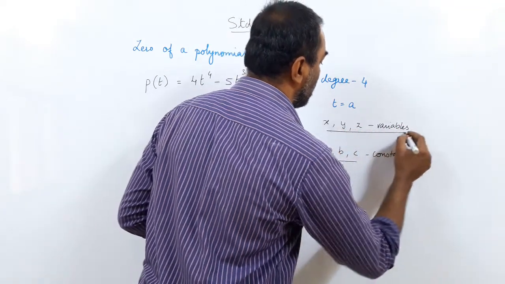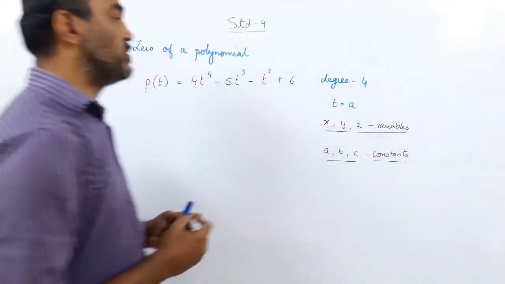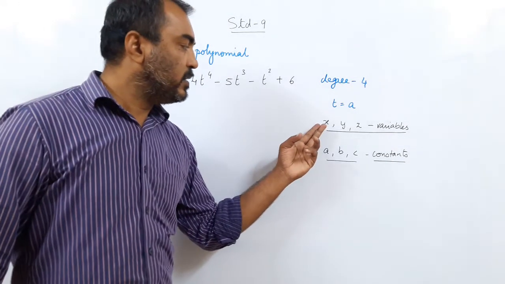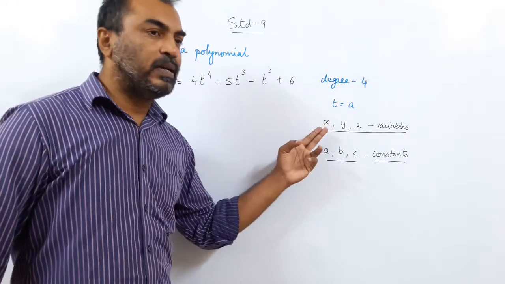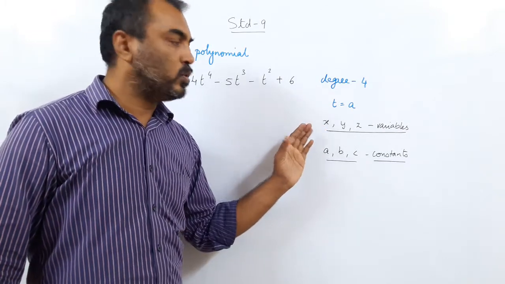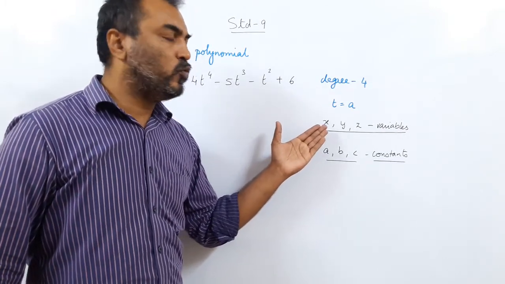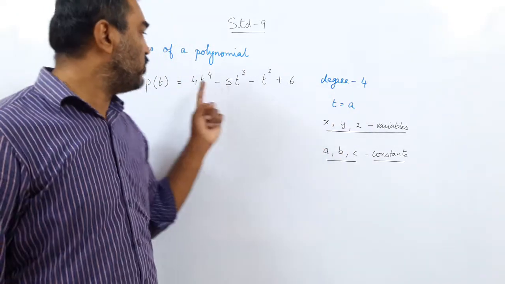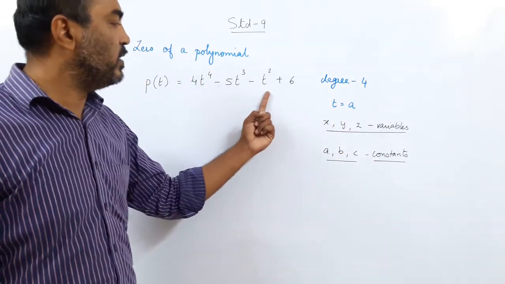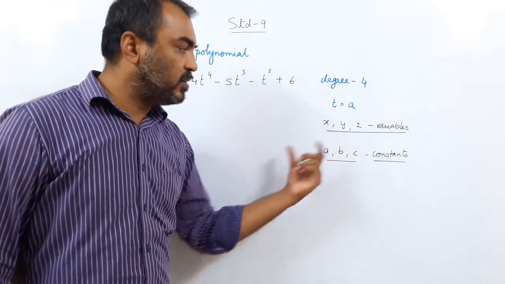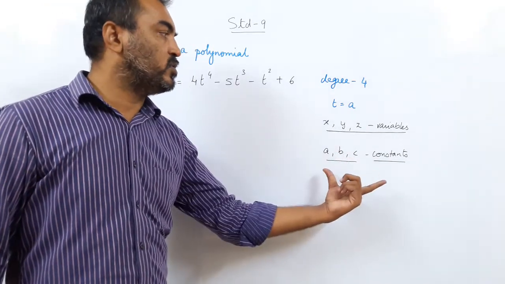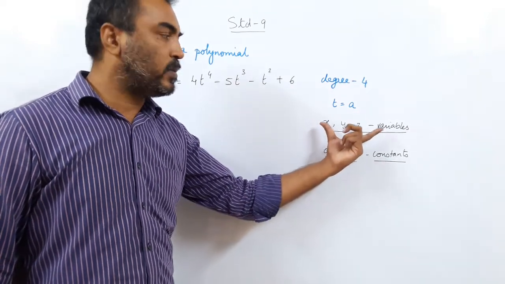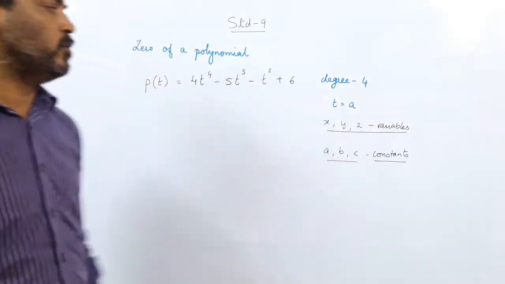It is slightly confusing, I know, but try to remember this. You can see here t is the variable, and a, b, c, d at the beginning of the alphabet we use as constants. Most mathematics books follow this pattern.